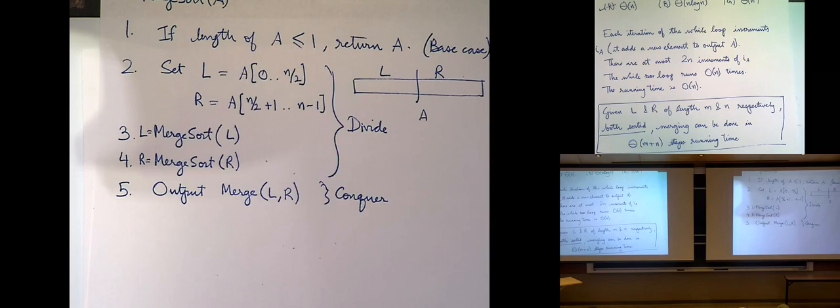So I'm not being careful about my memory management here, because I just want to explain the basic logic. But this is an issue with merge sort, that it actually requires fresh memory because it's doing the merge step. Okay?